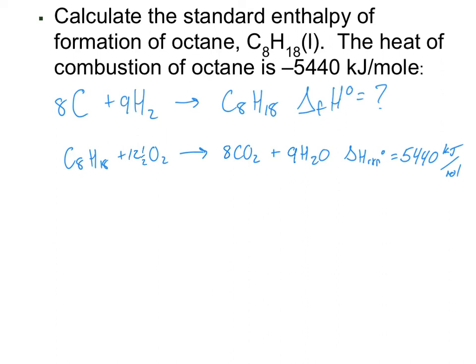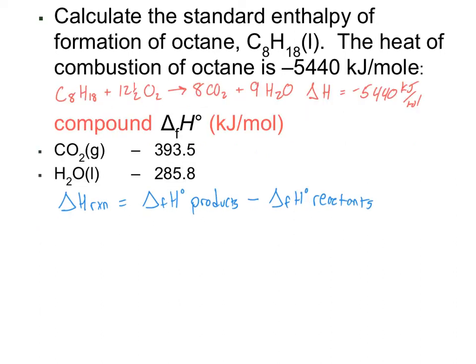Now, remember that when we're looking at delta H of reaction and delta H of formation, our delta H of a reaction is going to equal the enthalpies of formation of our products minus the enthalpies of formation of our reactants. And so now let's start plugging in these numbers. We actually know the delta H of reaction in this case because we were given that information.